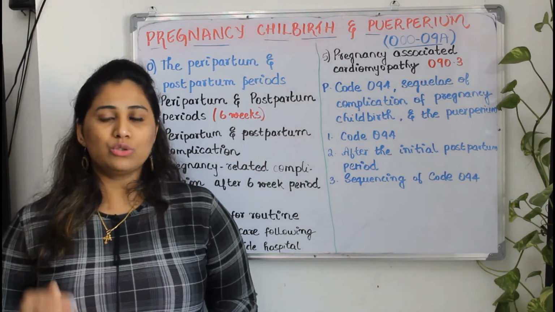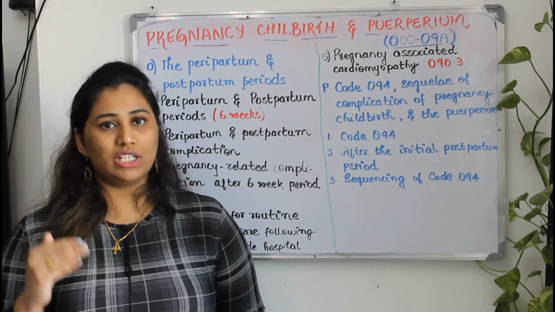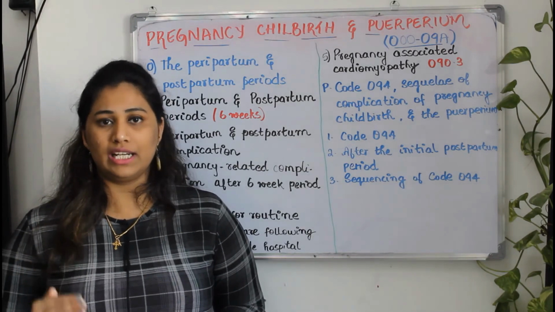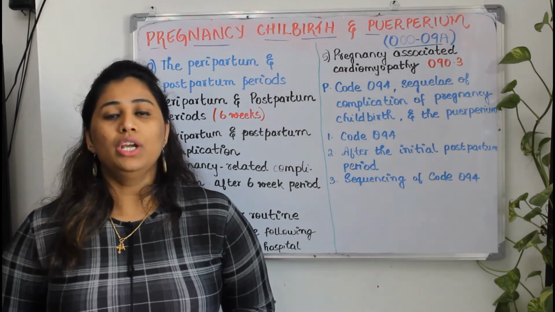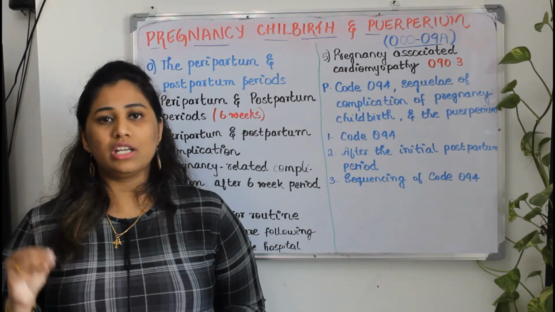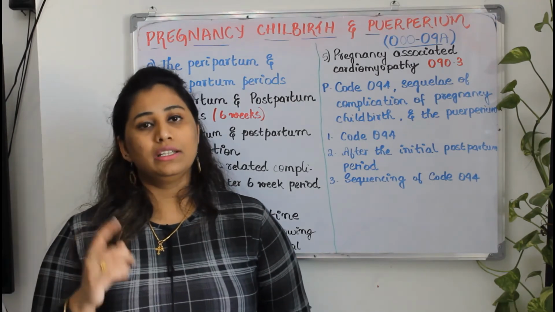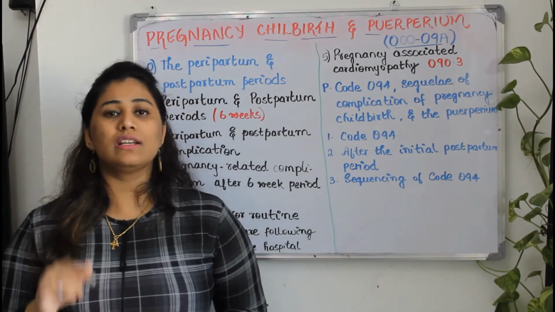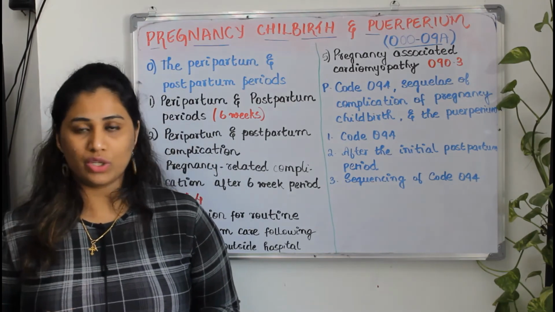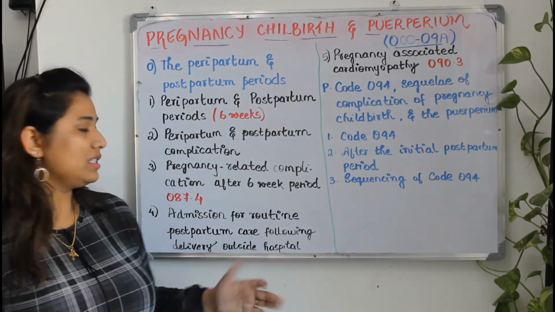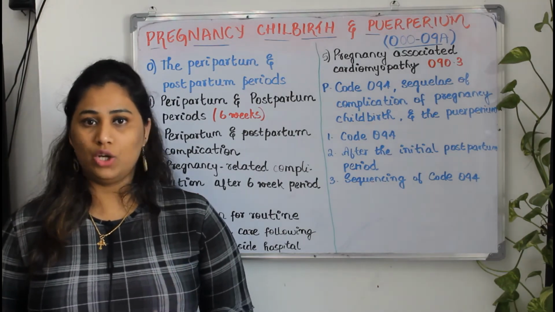In that scenario, your category code will be Z79.0. Sorry, it's not 79, it's 39. Z39.0. You should read the scenario, and if you see a phrase like delivery happened outside the hospital, then your coding should be Z39.0. That will be the principal diagnosis. So this is delivery outside the hospital.